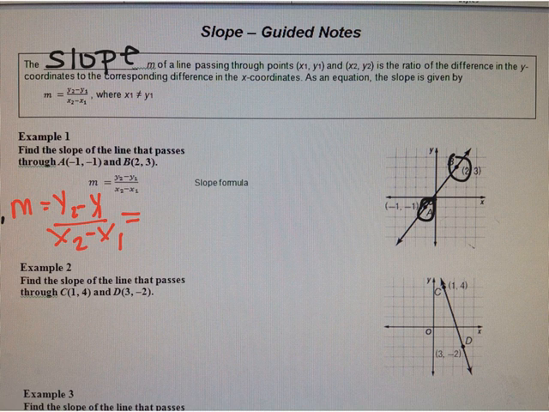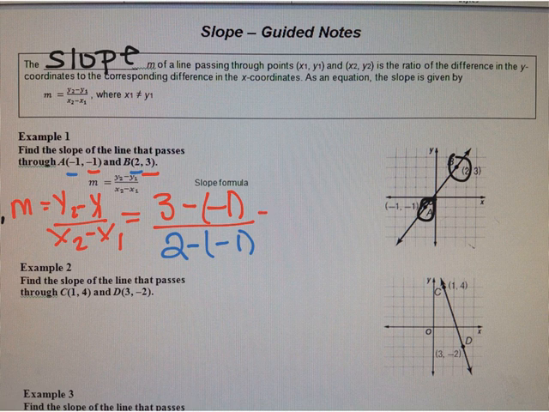So if we look at our second y value, that's what our y2 is going to be. It's the second ordered pair, and our y value is 3. We're then going to subtract negative 1, which is our first y value. So minus negative 1 over our second x value, which is 2, minus our first x value, which is negative 1.